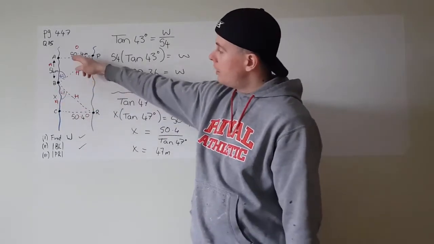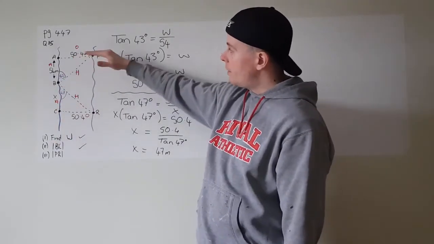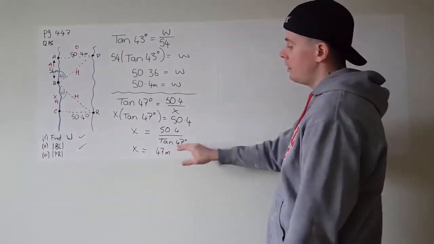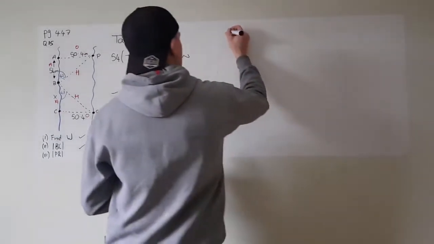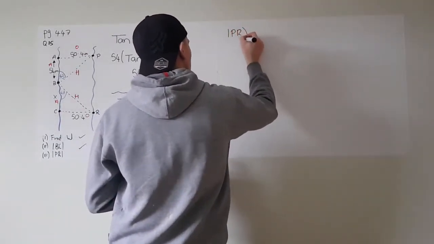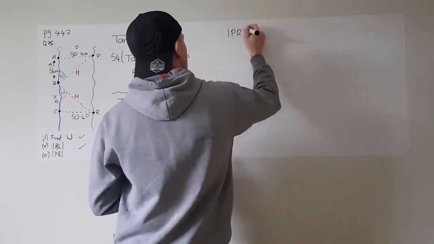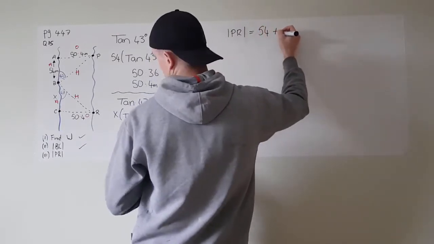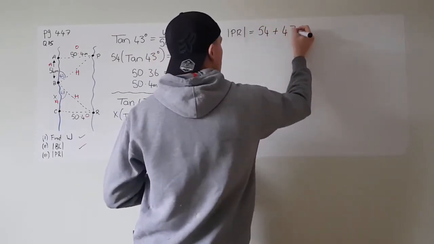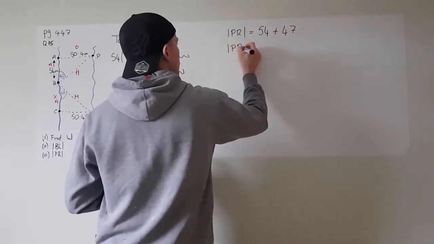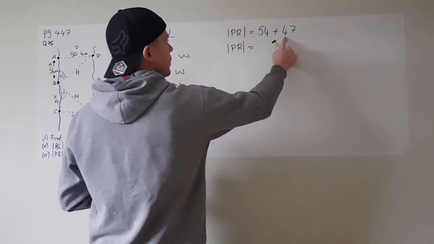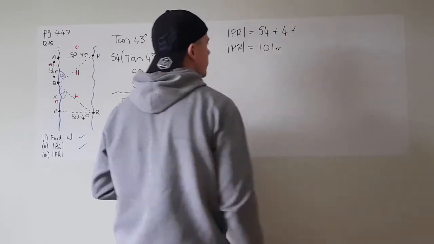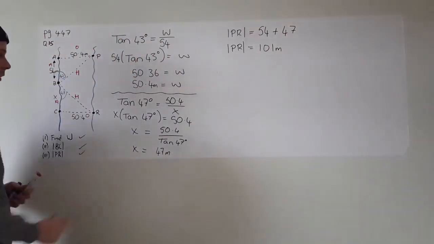Or if you look at it, from A to B and B to C is the same as from P to R. So the distance from P to R is equal to 54 plus 47. So 50 and 40 is 90 and 11 is 101 meters. Alright, and that's 3 parts done.